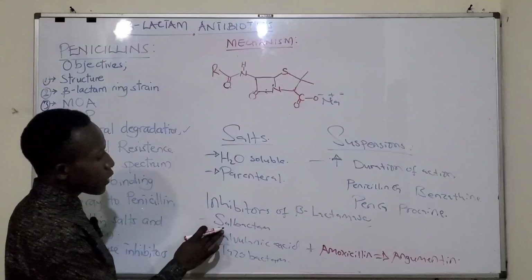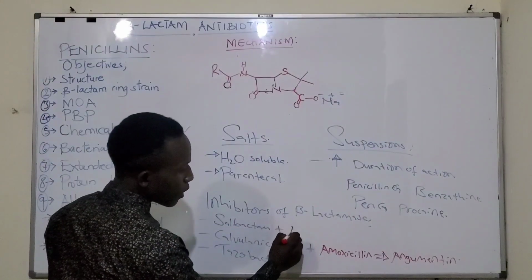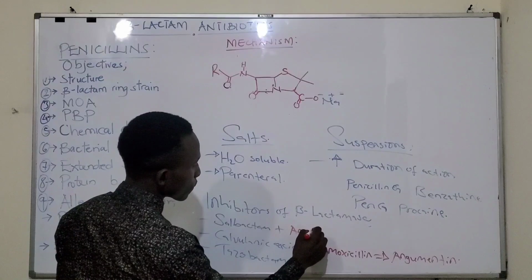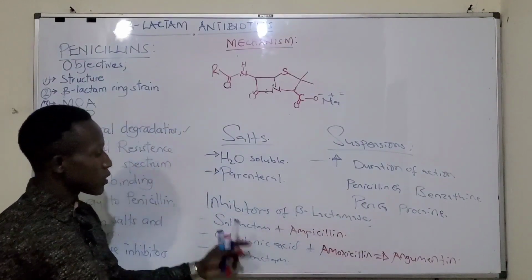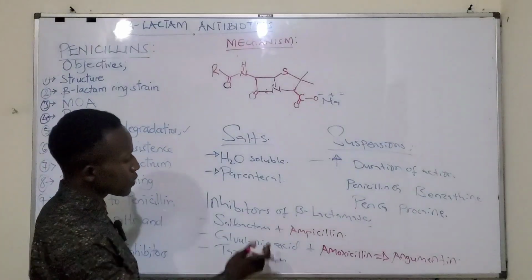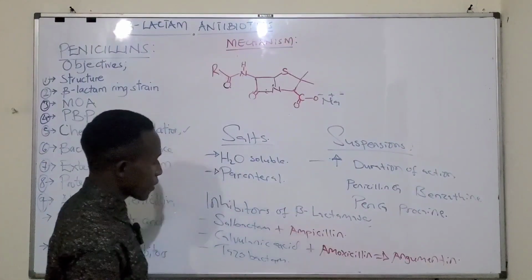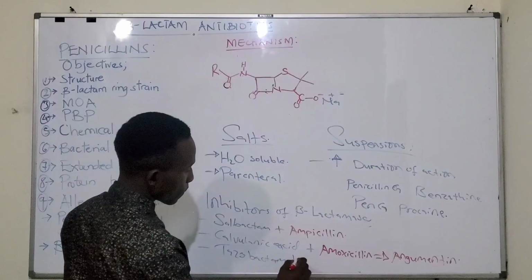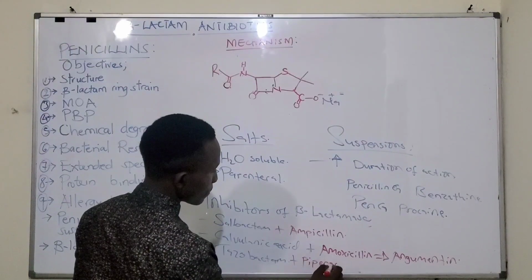Then we can have sulbactam. This sulbactam with ampicillin in the fixed dose. So they are fixed doses, the beta-lactamase inhibitors and the penicillin. We can have tazobactam with piperacillin.